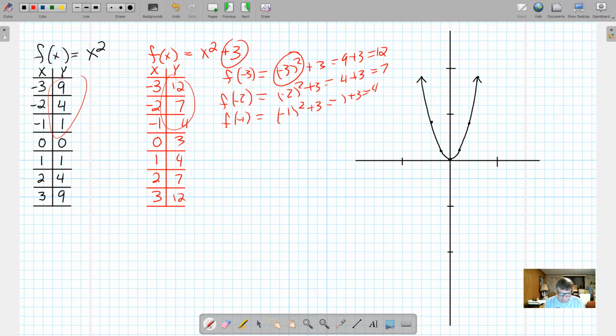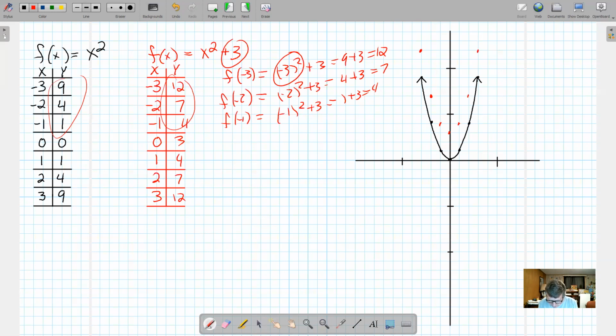Okay, and what is that graph going to look like? Well, when x is -3, y is 12. When x is -2, y is 7. When x is -1, y is 4. 0, 3, 1, 4, 2, 7, 3, 12.